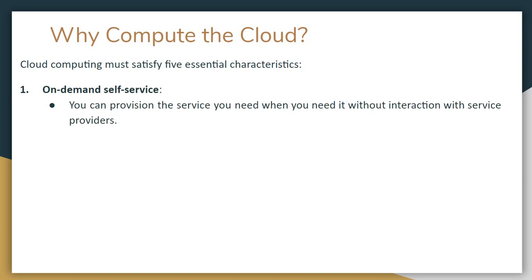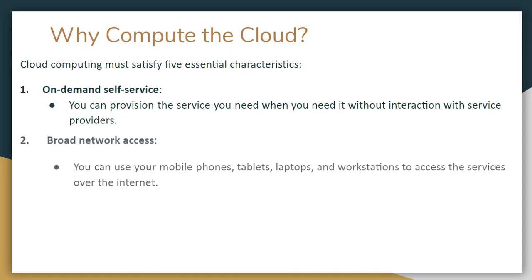By this, we mean that you can provision the service you need when you need it without interaction with service providers. You get to use the services that you need without depending on direct human provision of the services.